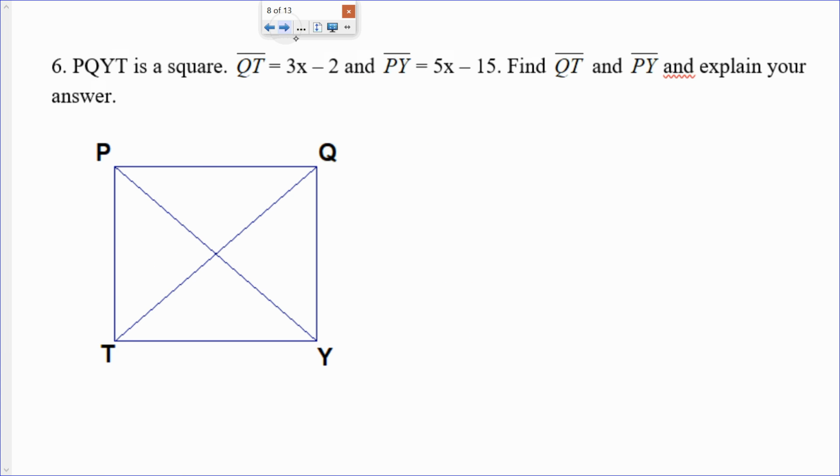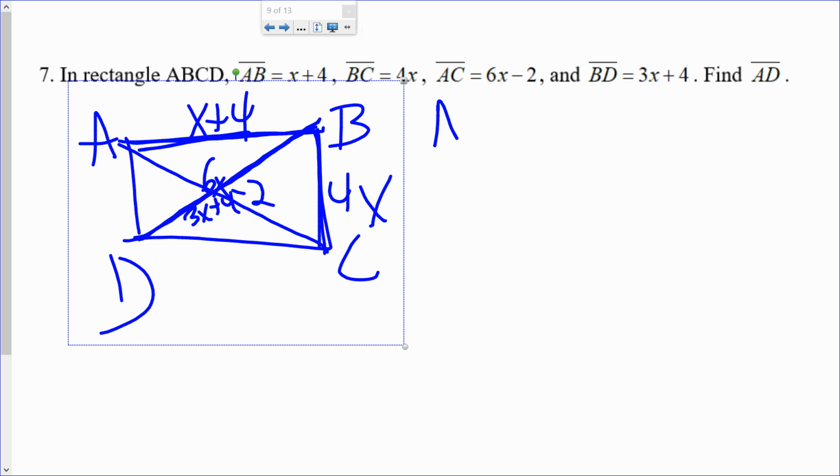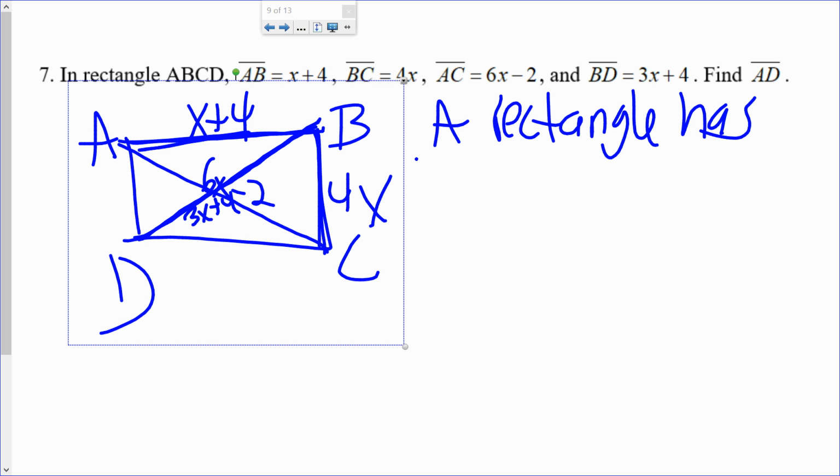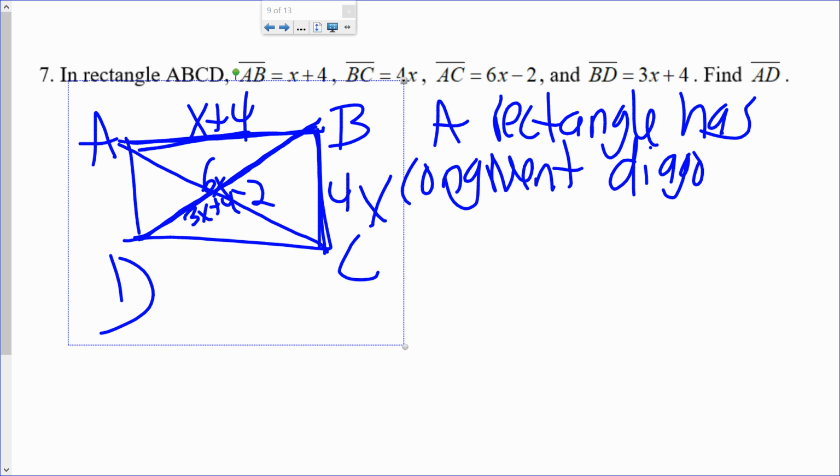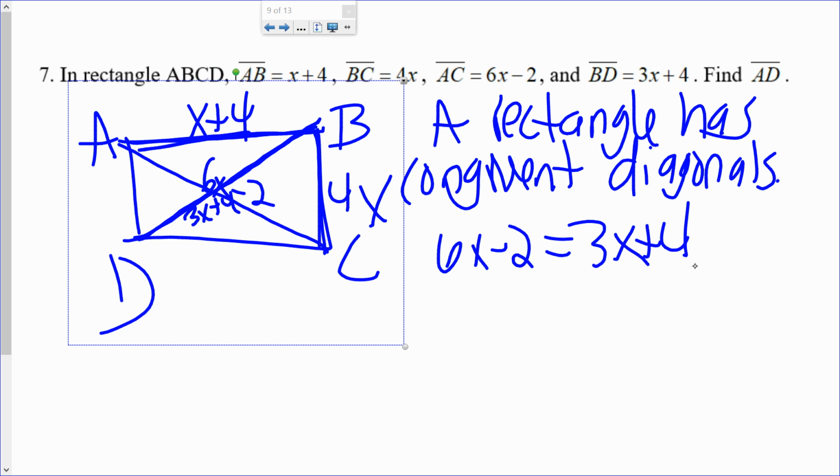So my explanation, it's not asking for one, but I'm still going to write it. A rectangle has congruent diagonals. So I'm going to set the diagonals equal to each other. I'm going to set 6x minus 2 equal to 3x plus 4.